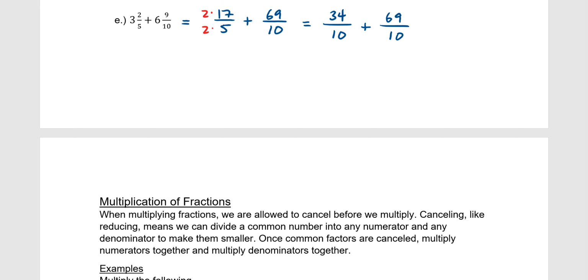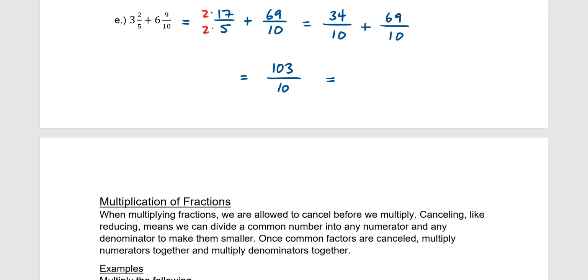And now we can just add these numerators together. And we would get 103, 34 plus 69, 103 over 10. And this does not simplify any further. So I'm actually going to write this as a mixed number for the answer, just because our question had mixed numbers in it originally.